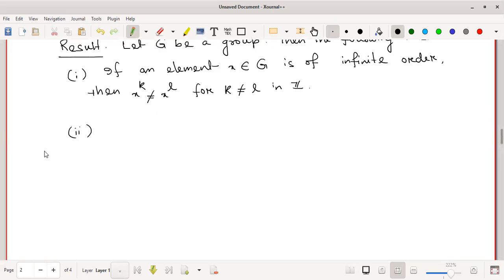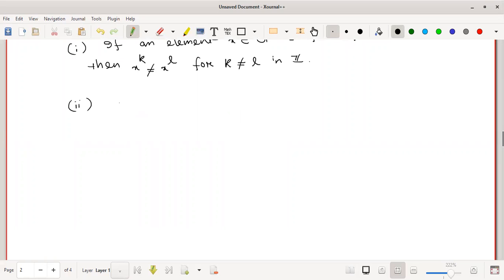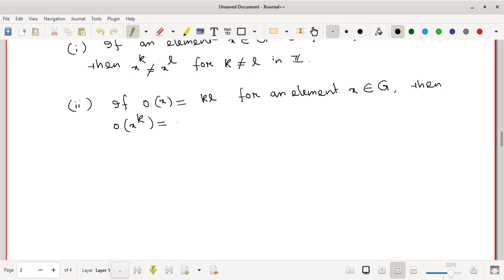We'll see that. Number 2: if the order of x is equal to kl for an element x belonging to G, then the order of x to the power k is equal to l.